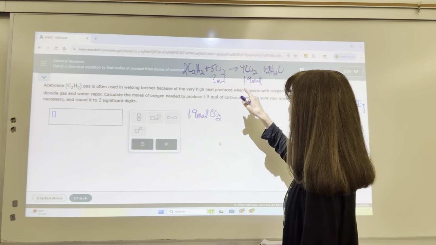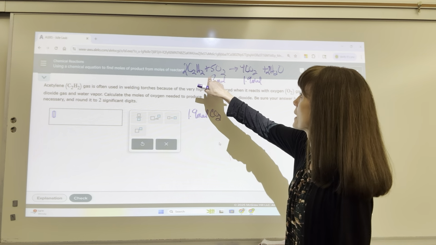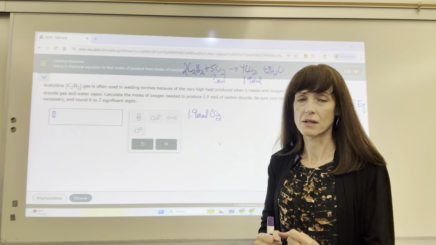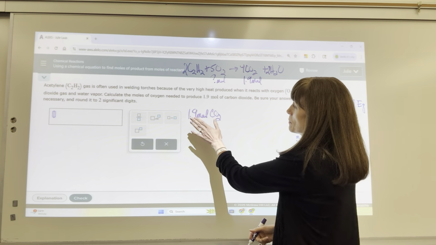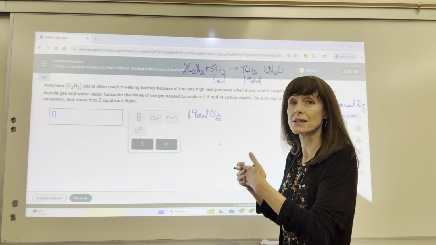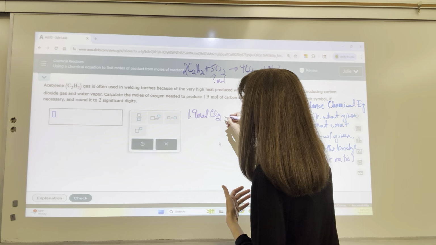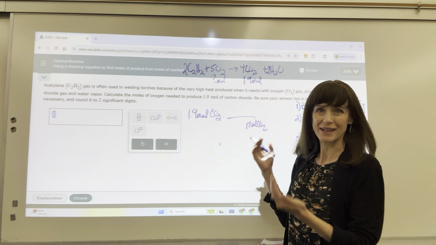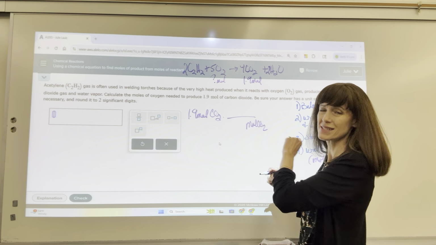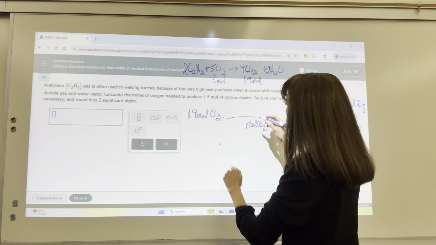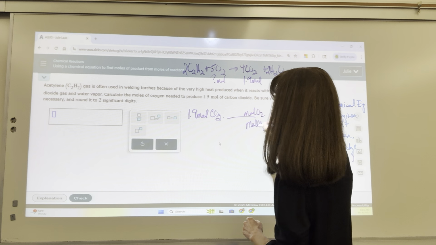And here our molar ratio is 4 moles of CO2 came from 5 moles of O2. That's stoichiometry. That's the molar ratio. So I begin with what I'm given. I have moles, woohoo, so that means I can go directly to the molar ratio. Now I want to get rid of moles of CO2, so that goes in the denominator. It will cancel out because they're on opposite sides of the fraction. And I want to walk that bridge. I want to end with moles of O2.